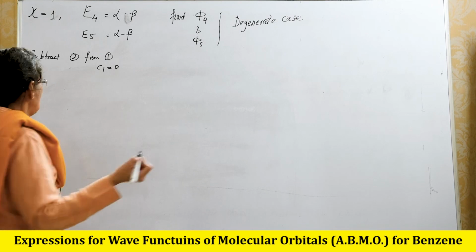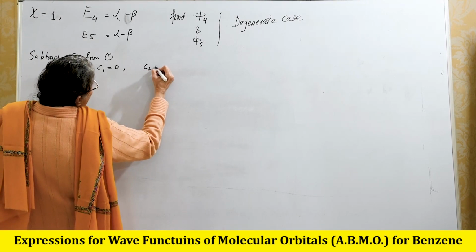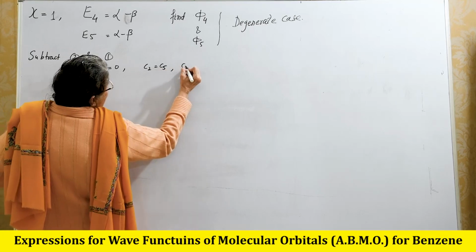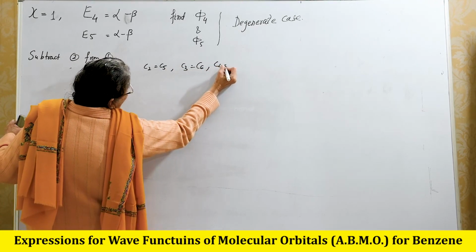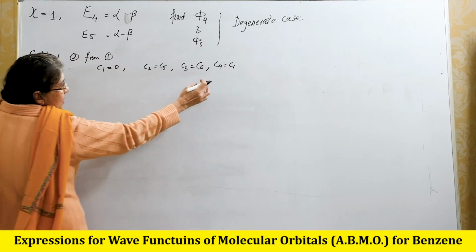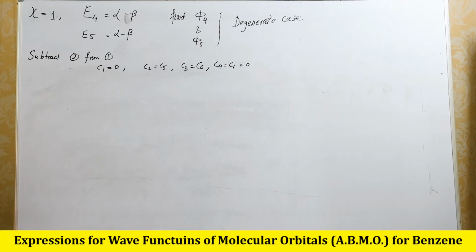Then we can put the values: C1 is 0, C2 is equal to C5, C3 is equal to C6, and C4 is equal to C1, so C4 equals C1 equals 0.